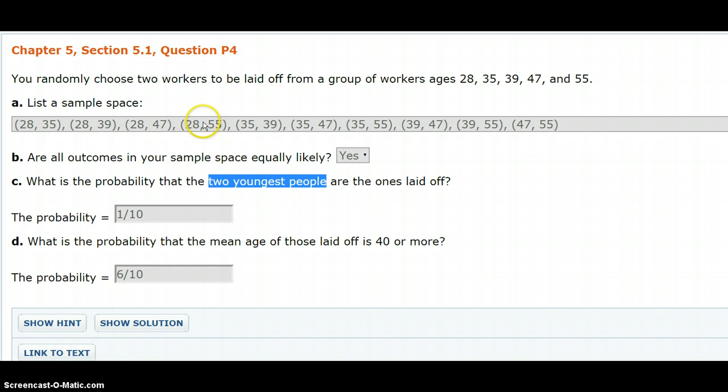Now, if I didn't estimate that in my head, I would just add these 2 numbers and divide by 2. That's perfectly fine. And this one here, you will get that the mean is less than 40. So we have 1, 2, 3, 4, 5, 6 of them that have a mean of at least 40. And again, this is over that same 10 denominator that we used in part C.